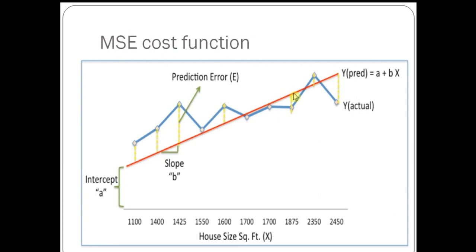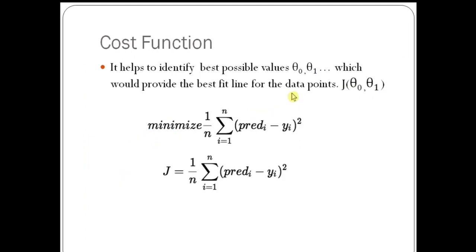So the objective of the cost function is to optimize the error and we should get the best fit line. This cost is computed as the square of predicted value minus actual value, and the whole average error is calculated.